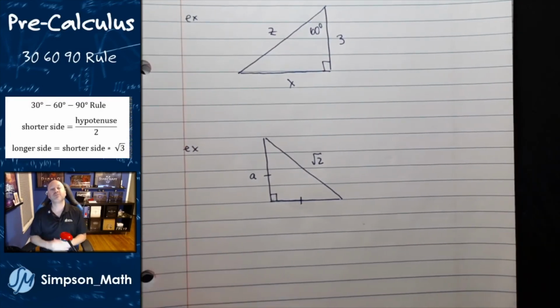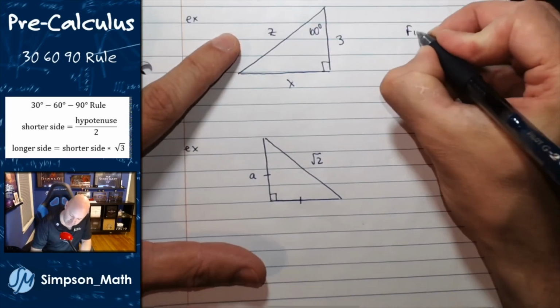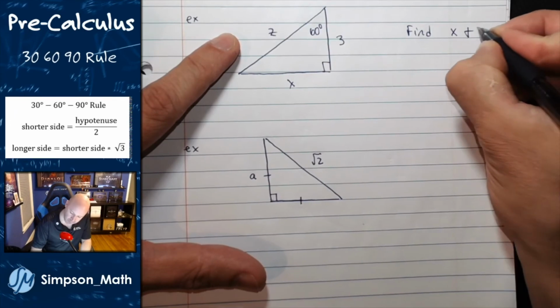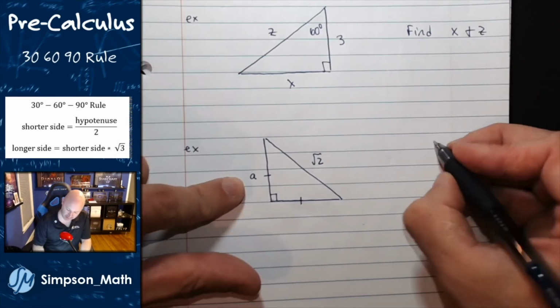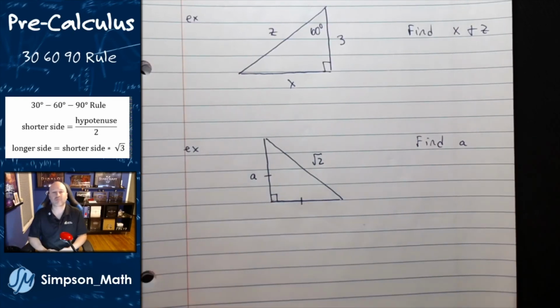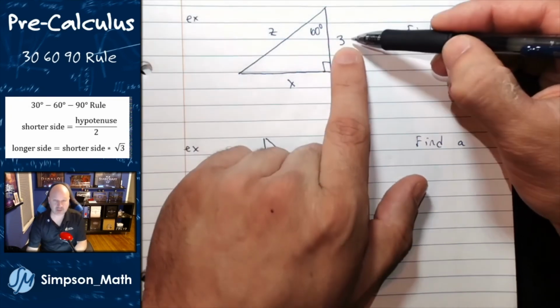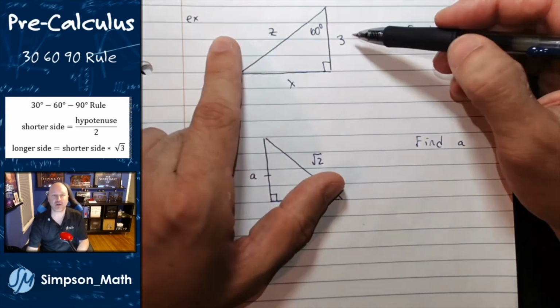All right, 2 examples. Pause the video, see if you can find x and z and a. Now the first example is a 30, 60, 90 rule. So the shorter side length is half the hypotenuse.